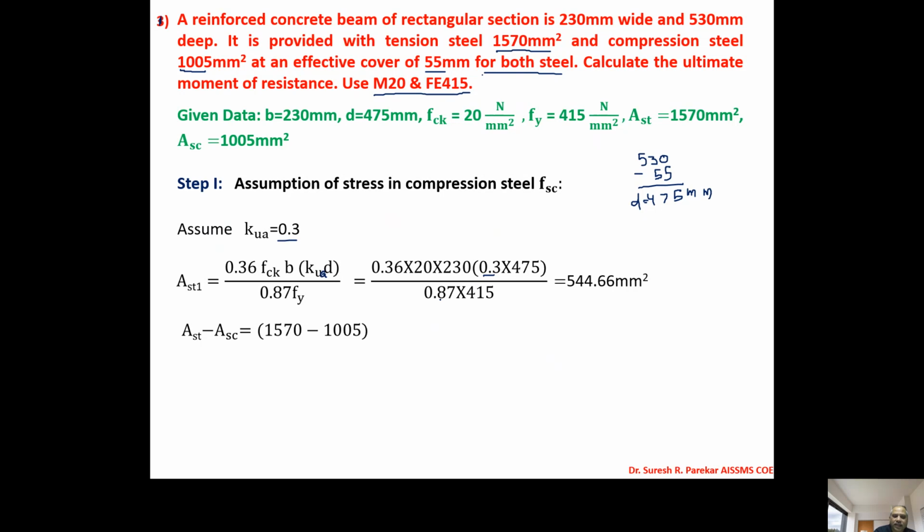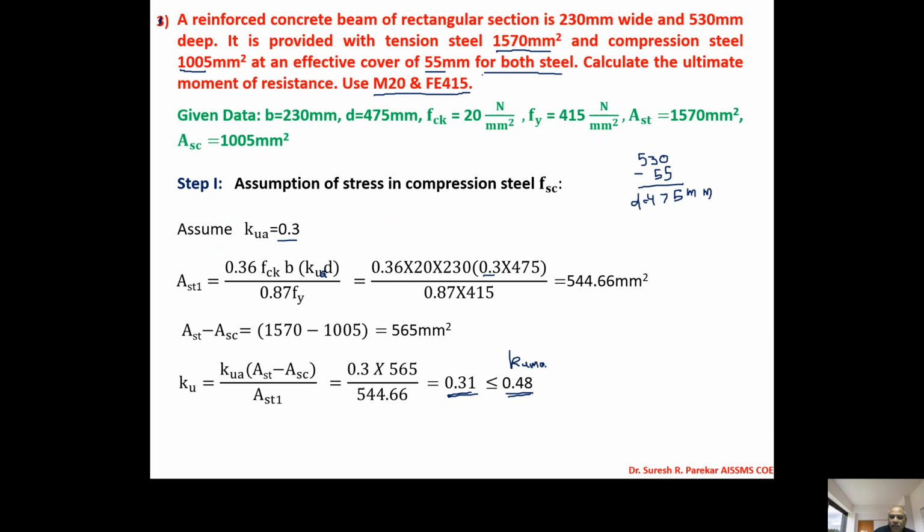AST minus ASC we have 1570 minus 1005. Ku we will get from this. Ku actual we know 0.3 into 565 upon 544.66. And from this we will get Ku, which we have to consider for the first trial, that is 0.31, and that should be less than the value of Ku max for Fe415.